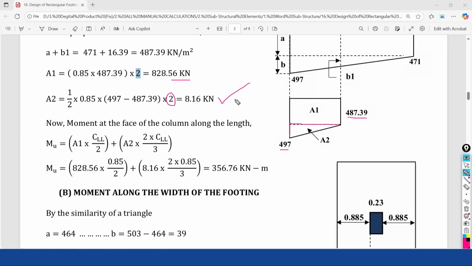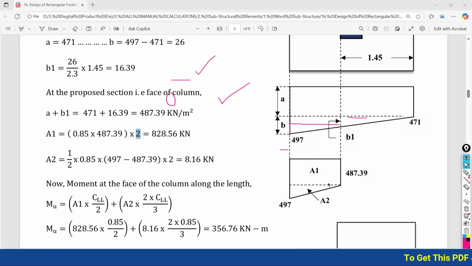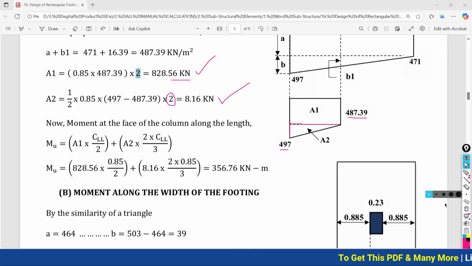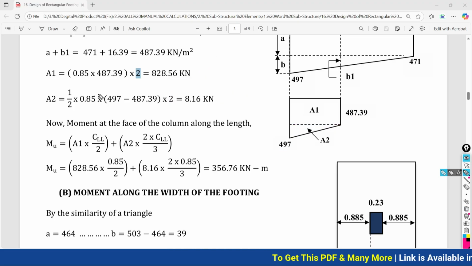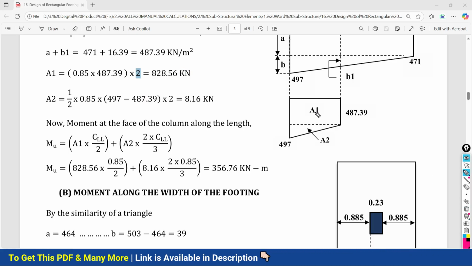These areas are actually in kilonewton. You got it. Now finally we have to calculate the movement, as these areas are actually forces. We have to multiply with the perpendicular distance. What perpendicular distance do we have to consider? The centroid of these areas. So area 1 centroid will be what?